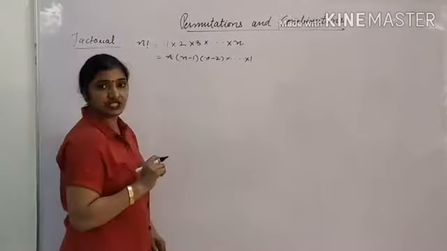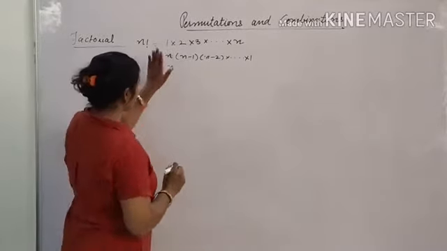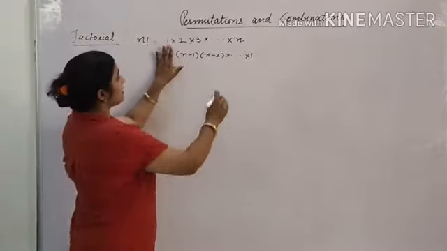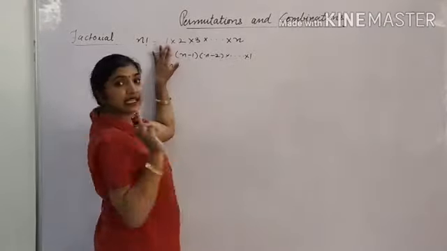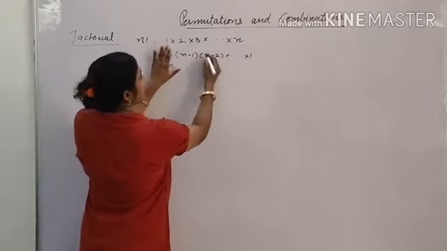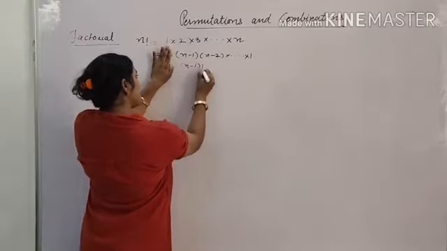From the second notation, we can have one deduction: if I separate this n from the remaining terms, they are the product of first n minus 1 natural numbers. So the product of first n minus 1 natural numbers is n minus 1 factorial.